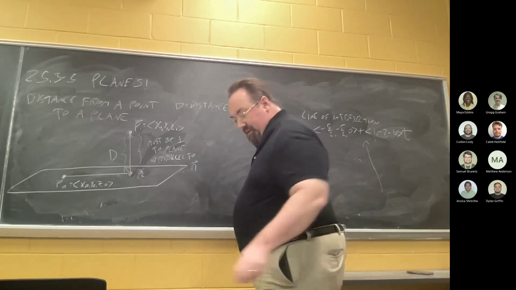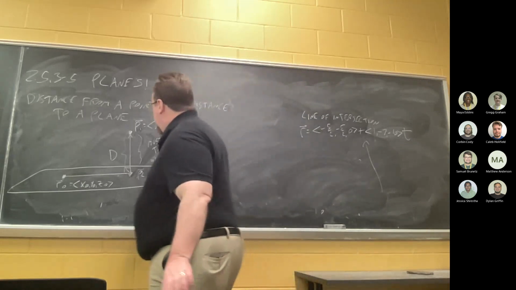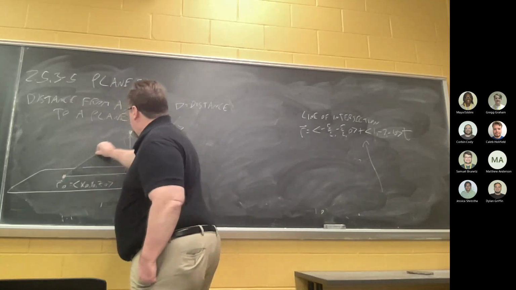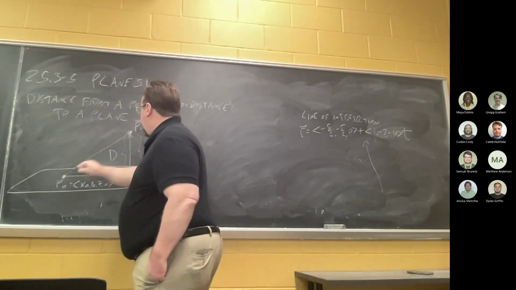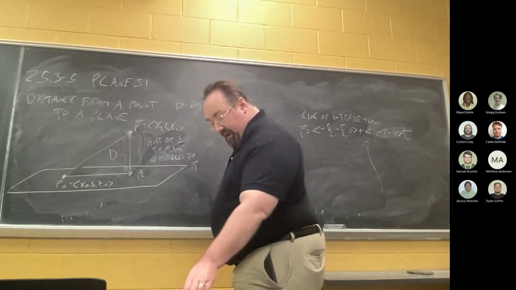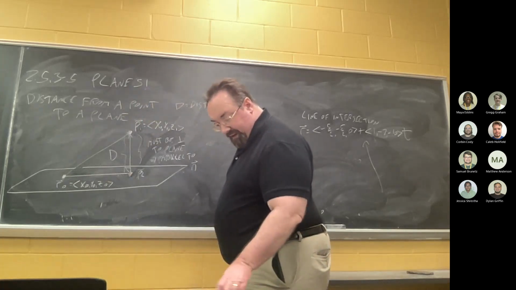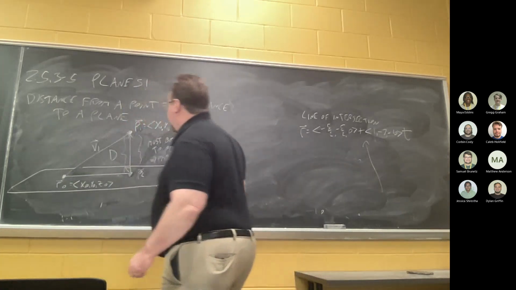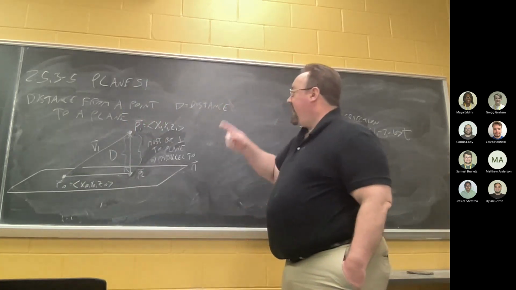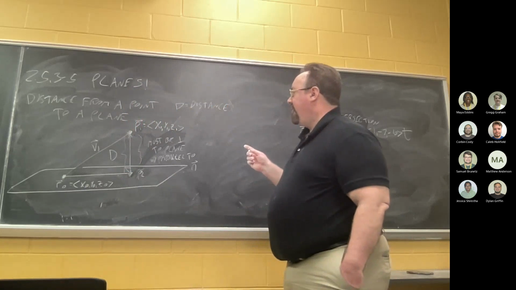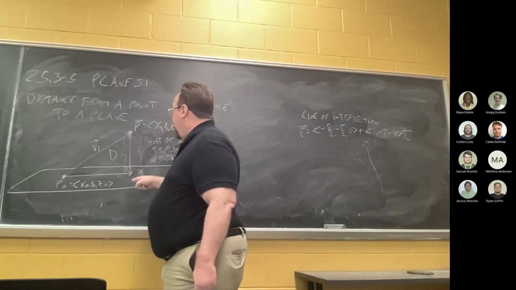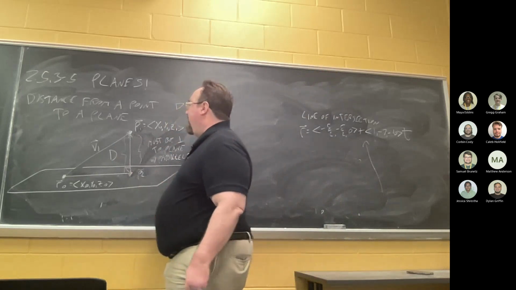Now, if I draw this vector, P1 minus R0, I'm going to call that vector V1. Now I've formed a right triangle. I have this vector V1, and I have this vector which is at least parallel to n.